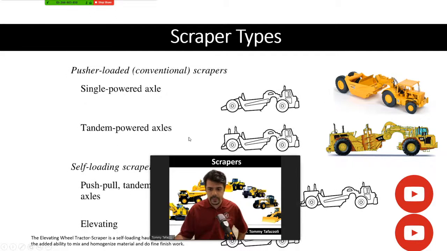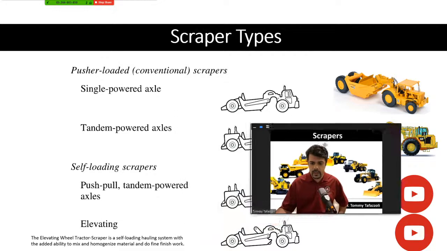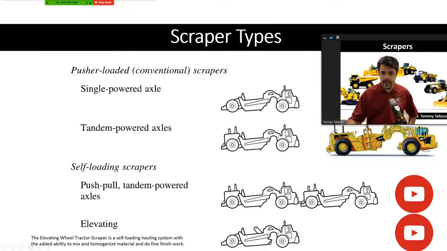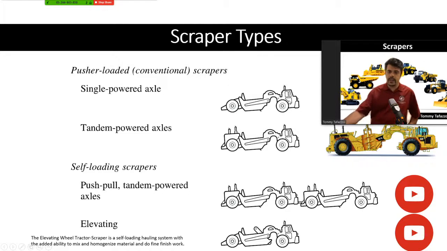Okay, so we have single powered axle. By single powered, we mean there is one engine, and if there is one engine, that engine always pulls the load, not pushes it. We have tandem powered, so they have dual or double engines, one in front, one in the back.